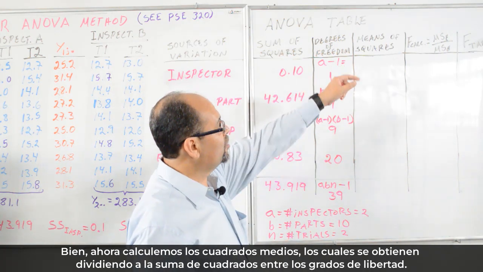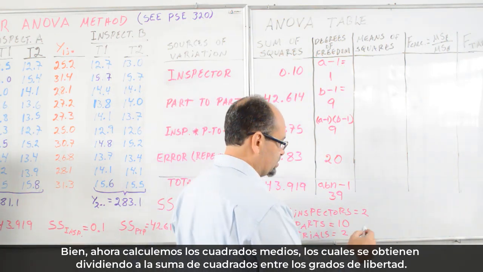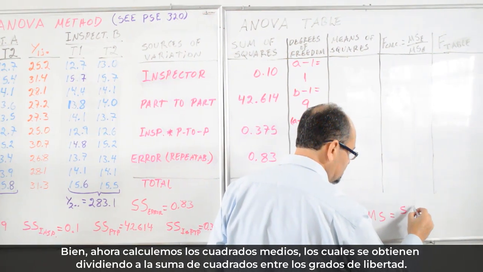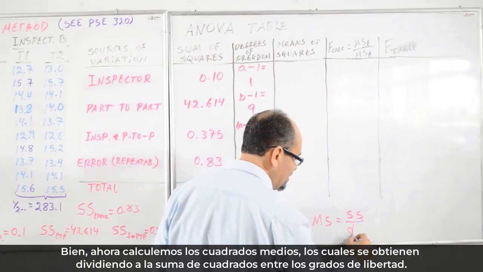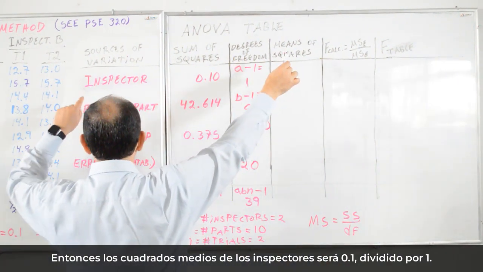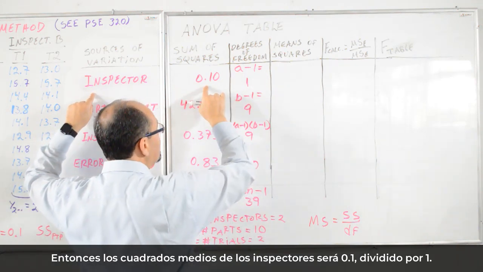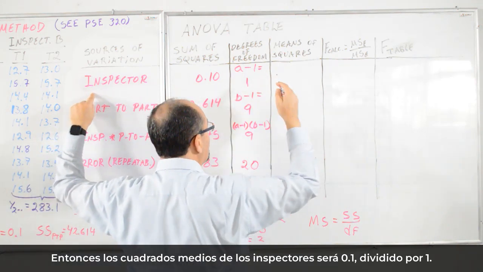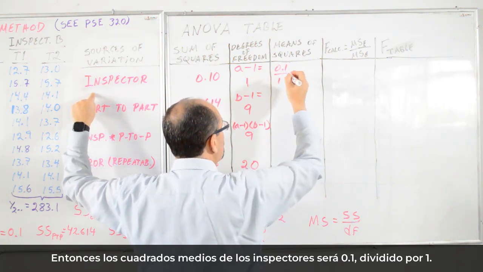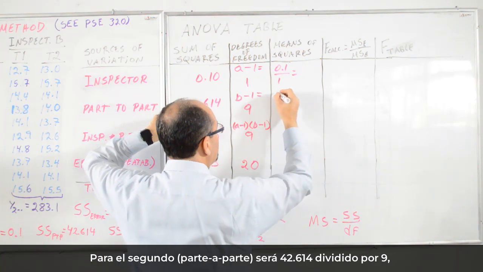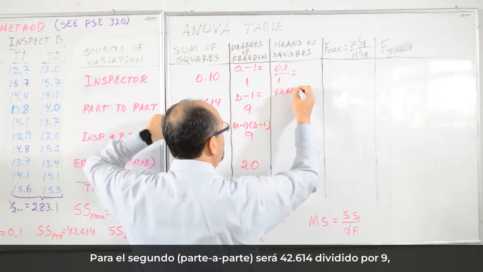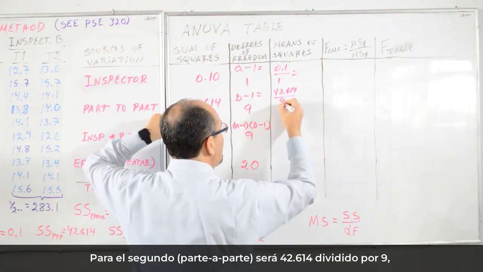Now, let's calculate the mean squares. The mean square is equal to the sum of squares divided by the degrees of freedom. The mean square for inspector will be 0.1 divided by 1. For the second one, it will be 42.614 divided by 9.